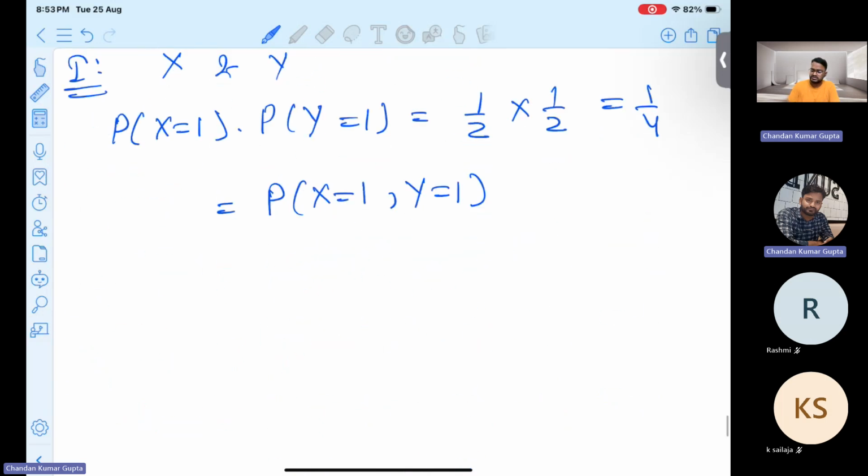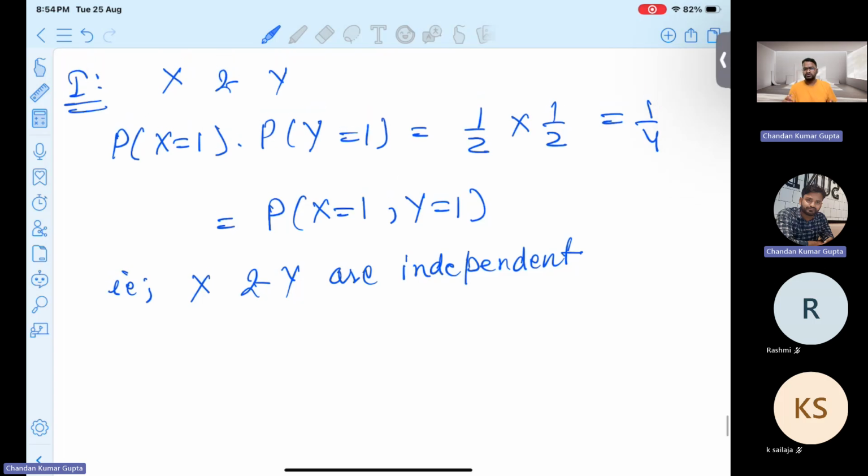That means X and Y are independent. This condition must hold for all values; I'm just showing one value here. You can check -1 and +1, which also comes out to be the same. This is how you may solve it.